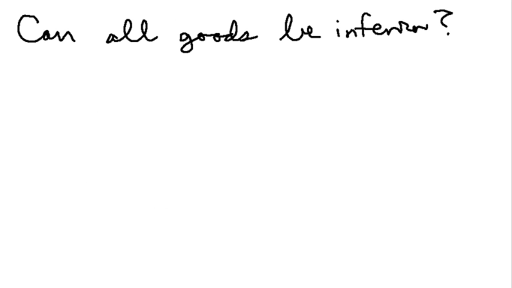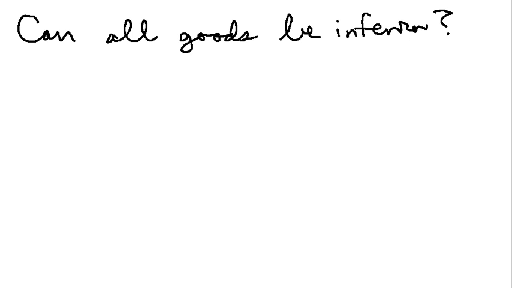Is it possible that all goods are inferior? So pause here and try to answer this question. Okay, well, hopefully this question wasn't too tricky because it's got a simple answer. And the answer is no, it is not possible that all goods are inferior.